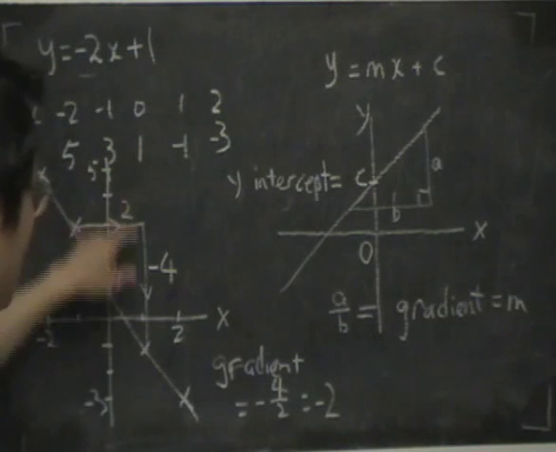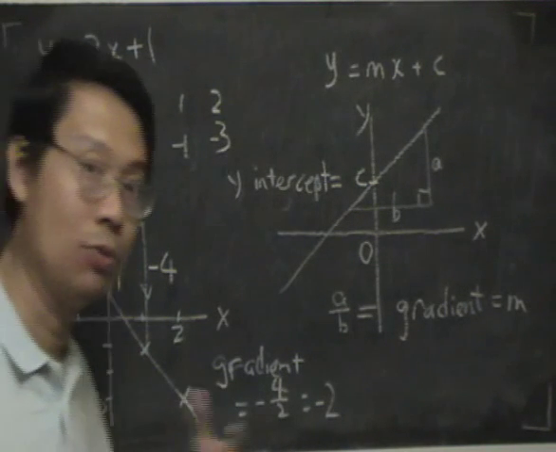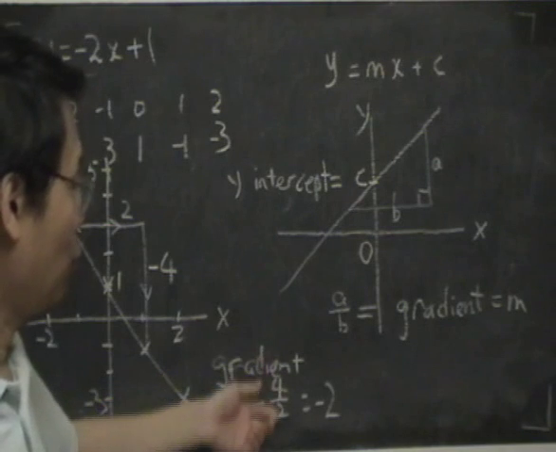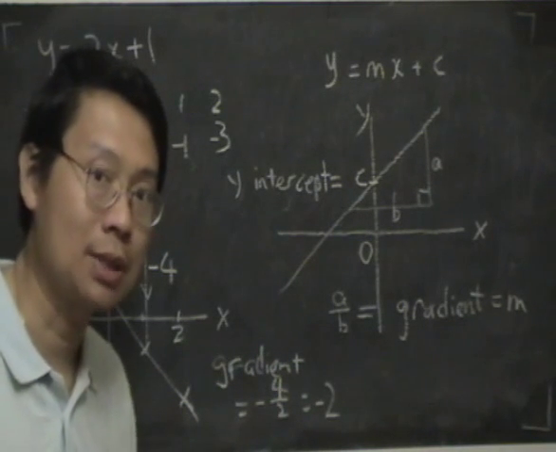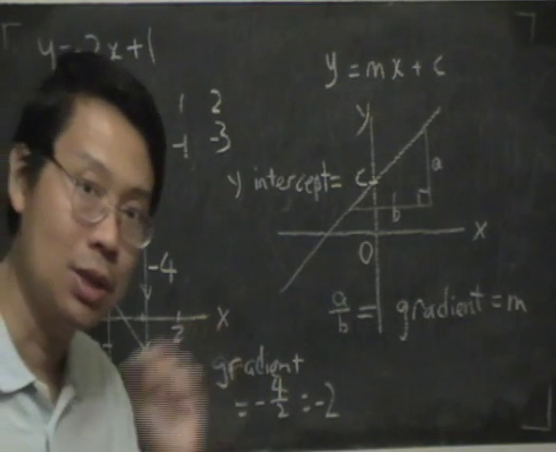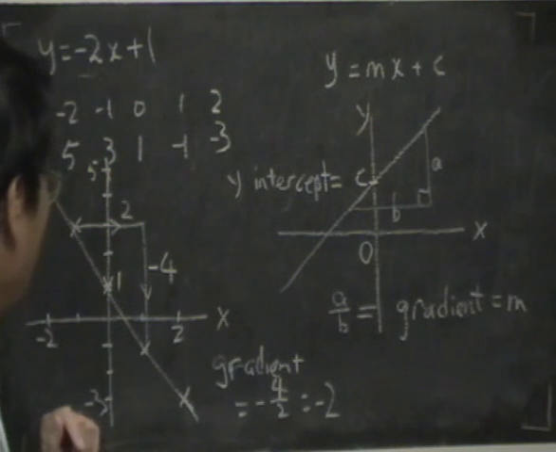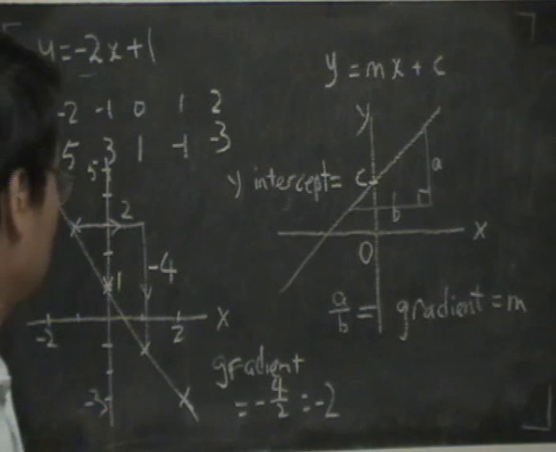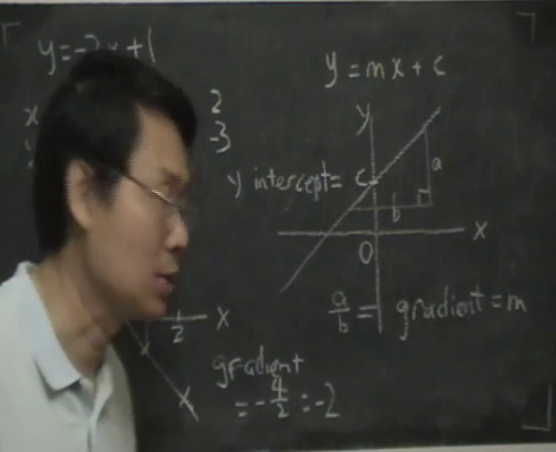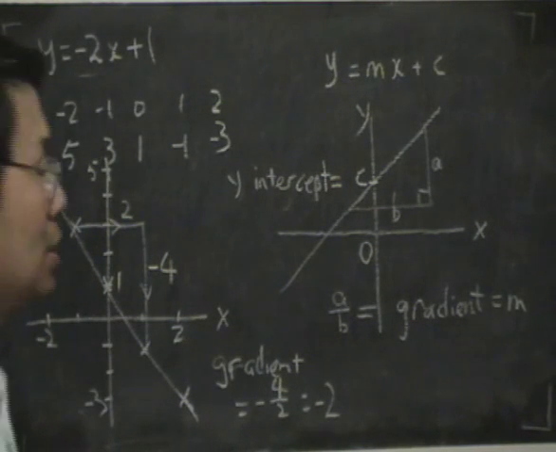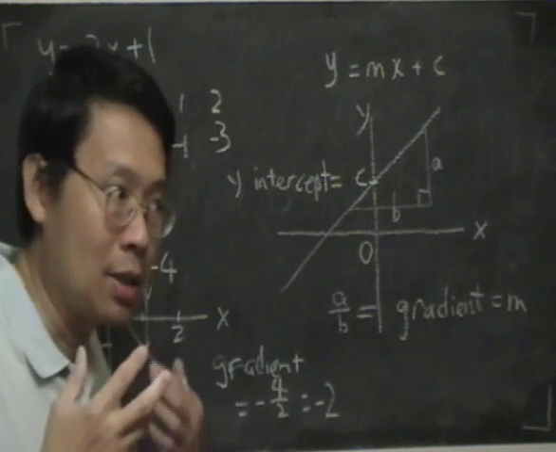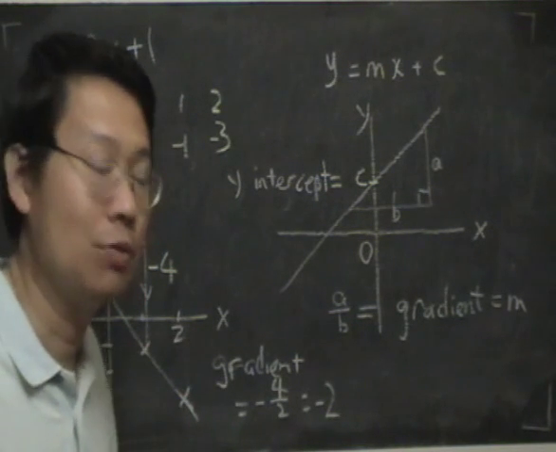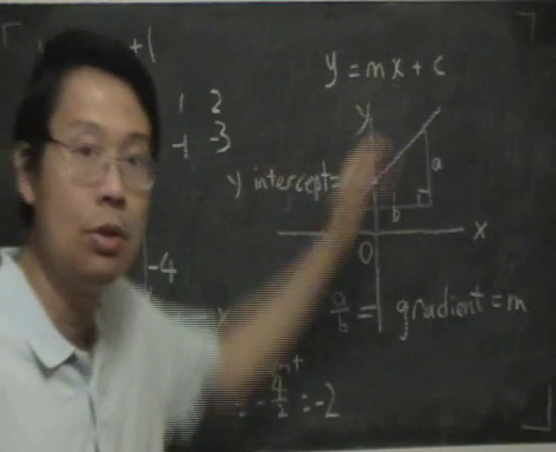I can't just say the vertical distance is still 4, then I'll just get 4/2, which is 2. I don't get the minus sign. So the subtle bit here is that I have to be careful of the sign of that distance. And in a way, it's like an additional thing that you have to do in order to make this work.